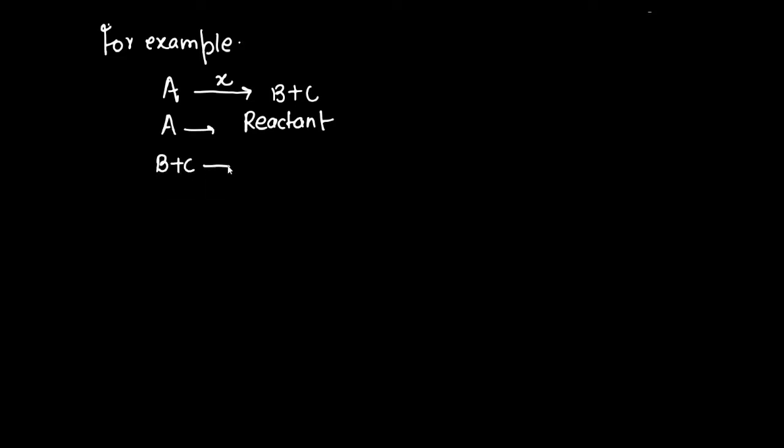B and C are the products. X is the reaction condition. We have already explained what type of reaction conditions are necessary to initiate the reaction or to complete the reaction.